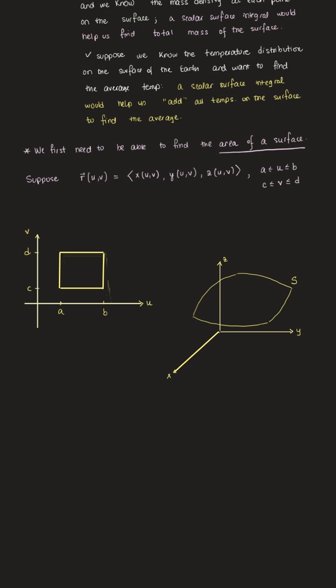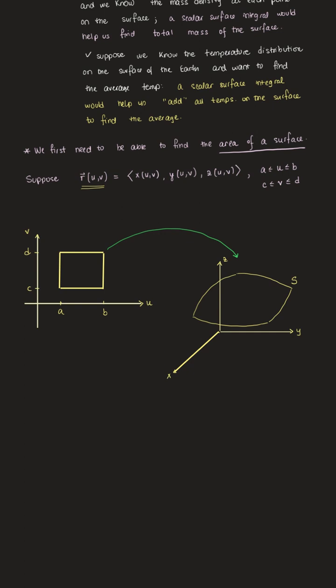And so let's come back to a parametrized surface. Let's suppose that we have r of u, v, and its components are x, y, and z of u, v. So our parameters are u and v. As I explained in the previous videos, we're basically taking a region in the uv plane and transforming it into a sphere in the xyz coordinate system.